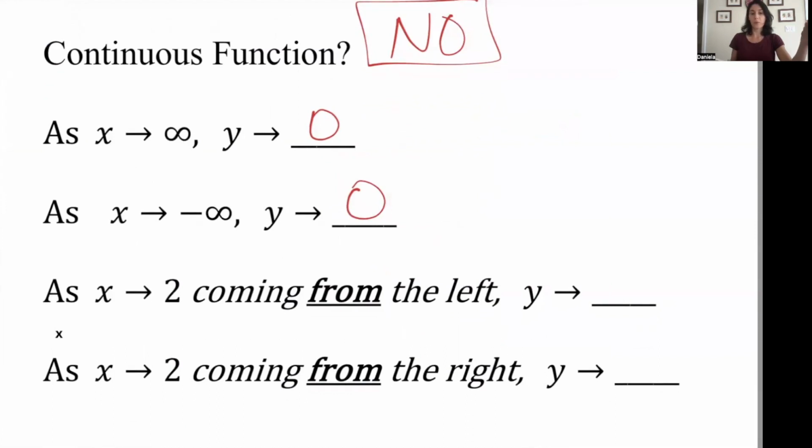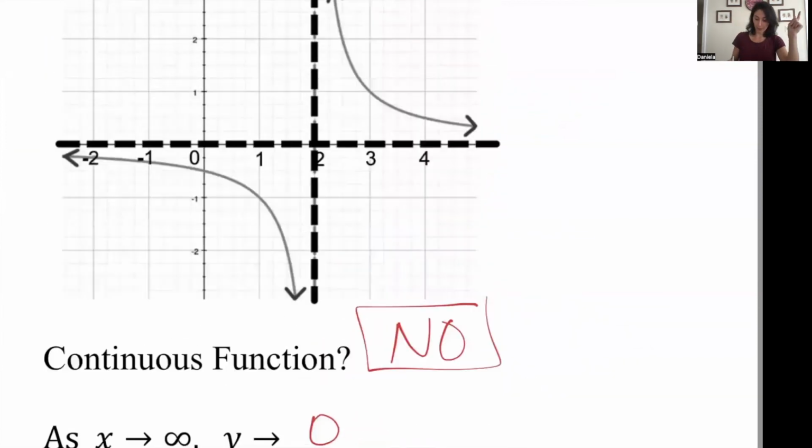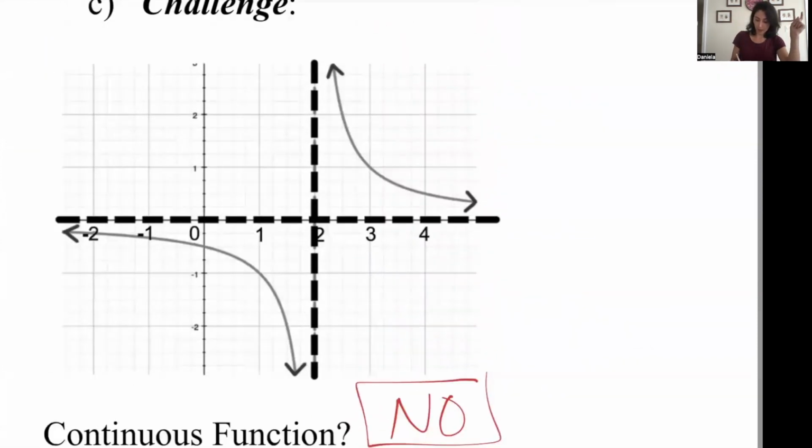What happens if I'm approaching the x value, positive 2, but I'm coming from the left? So here is the x value, positive 2. Now what happens as I am approaching that x value coming from the left? So I am tracing the function this way. What happens as I am approaching that x value? It is going down to negative infinity.